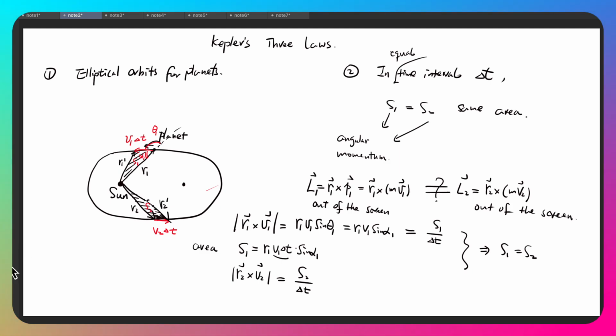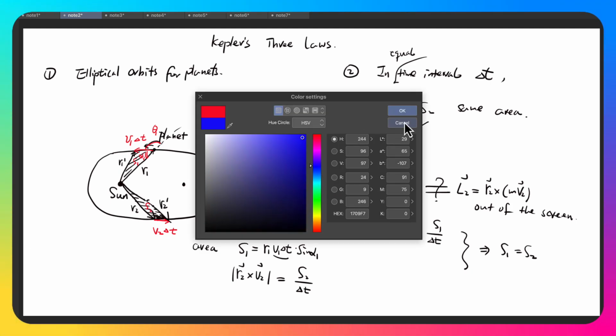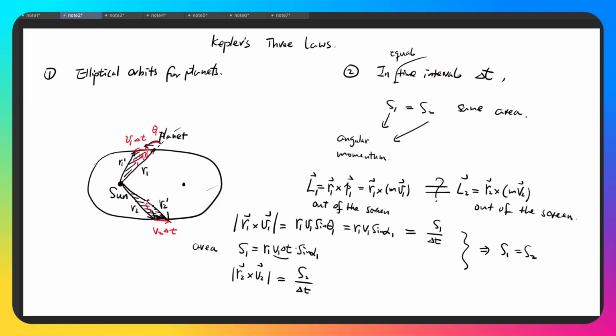The answer is yes, because the only force acting on the planet, let me pick another location, is the gravitational force, Fg. And rotation here is around the sun, which is the axis of rotation. So the torque due to gravity is 0 here, because there's no lever arm.